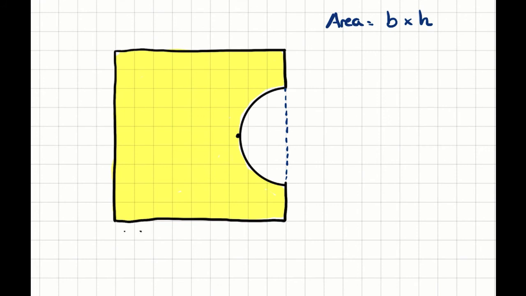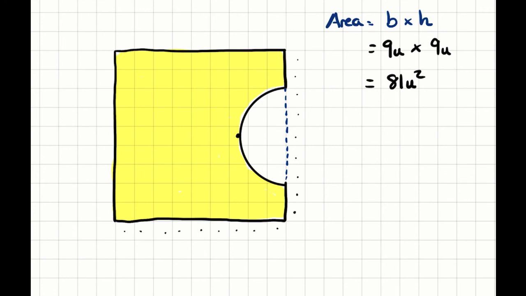The base would have been 1, 2, 3, 4, 5, 6, 7, 8, 9 across, so it would have been 9 units by 9 units tall. So it was a square, and if you multiplied those together, you would have gotten 81 units squared.